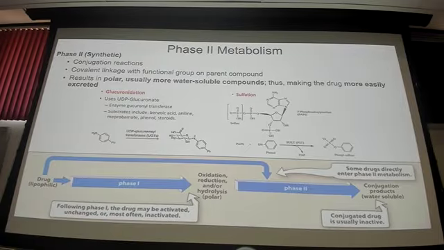Phase 2 is the reaction type that gets a drug much more polar so it can be more easily excreted if it wasn't able to be achieved during phase 1. So phase 1 will introduce or expose a functional group. Phase 1 is typically called functionalization, and phase 2 is called conjugation, because that's definitely going to get a drug inactivated and make it so polar that it will be removed from the body.